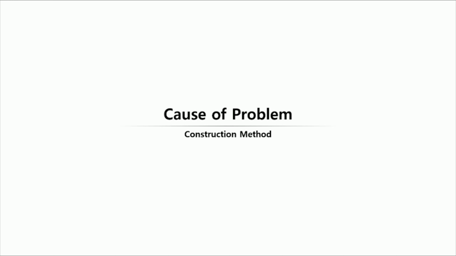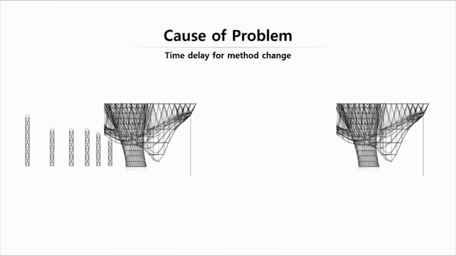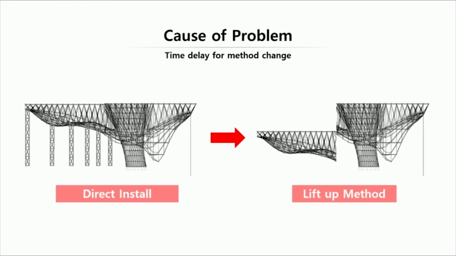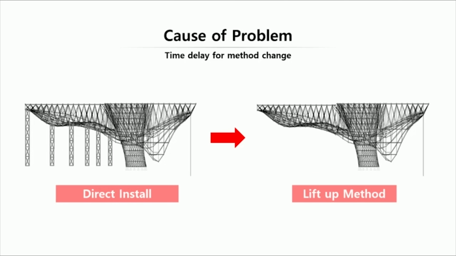We looked up the reason for the problem in the construction method. At the time of construction, the construction was delayed by changing the direct installation method to the lift-up method.